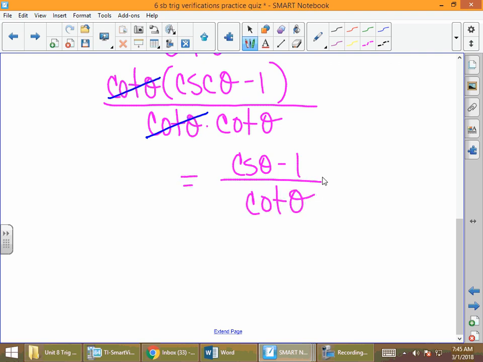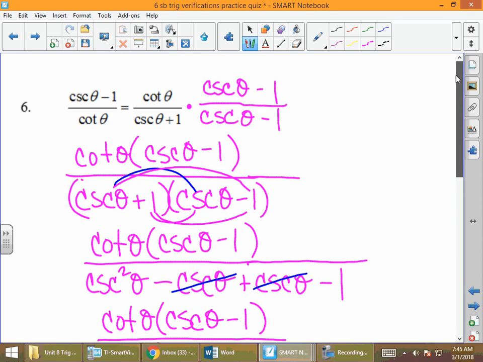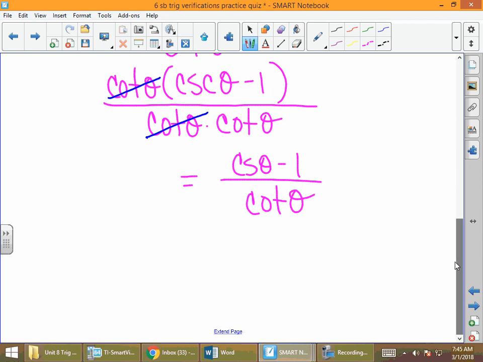And let's check and see what's on the other side of our equation. And sure enough, cosecant of theta minus 1 over cotangent. Cosecant of theta minus 1. Oh my gosh. Cosecant, CSC, minus 1 divided by cotangent of theta.